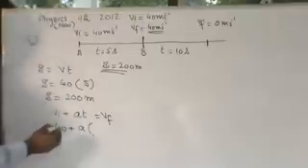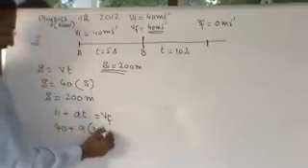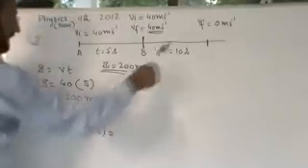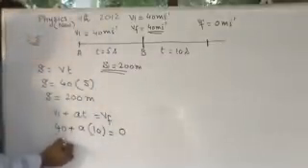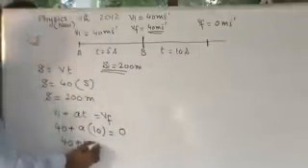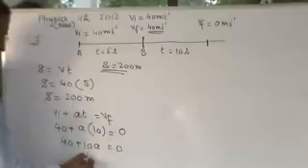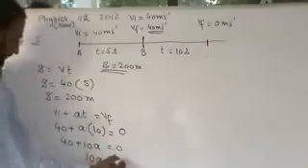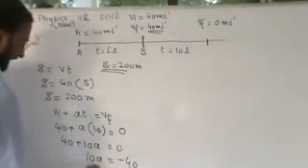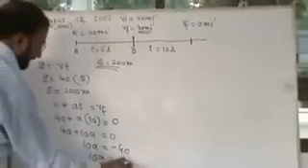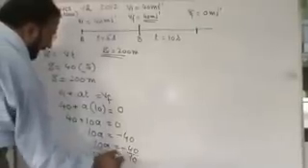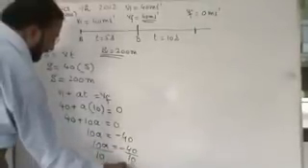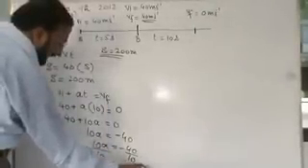Time is 10 seconds. Now velocity at this stage is 0. So 40 plus 10A is equal to 0, or 10A is equal to minus 40. Divide both sides of the equation by 10, we get A is equal to minus 4 meters per second per second.